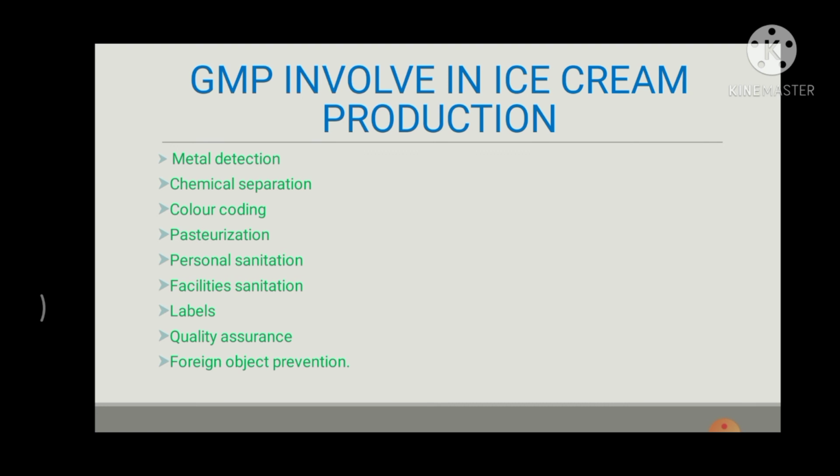The staff need to know how to handle the process when things do not go as planned. And lastly, foreign object prevention. In this stage, all accessories like jewelry, etc. will be banned in the production place.